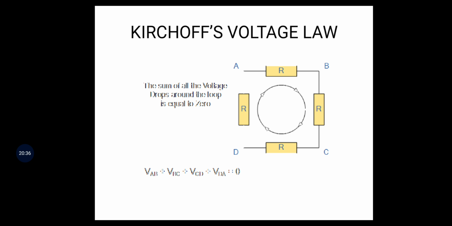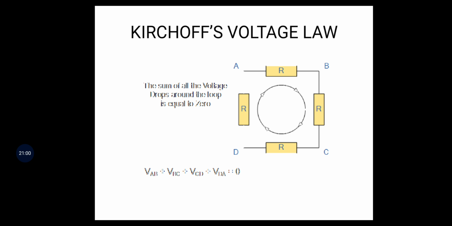Here, if we assume VAB voltage, VBC voltage, VCD voltage, next VDA voltage. Here the path is your choice, either clockwise or anti-clockwise direction. If clockwise direction is taken, then all voltages are taken in the clockwise direction only.